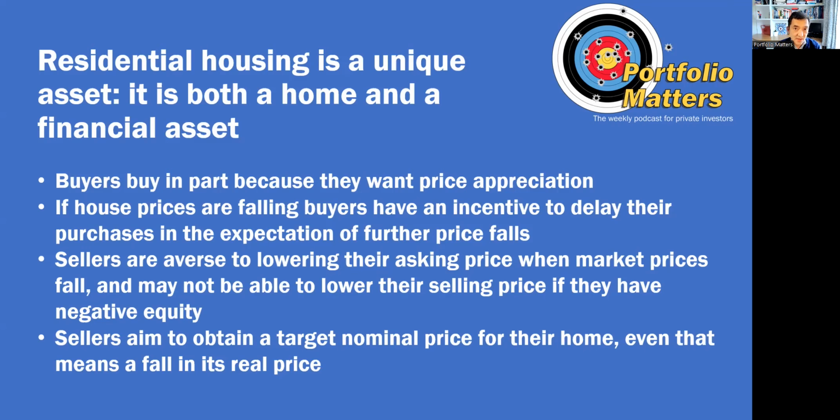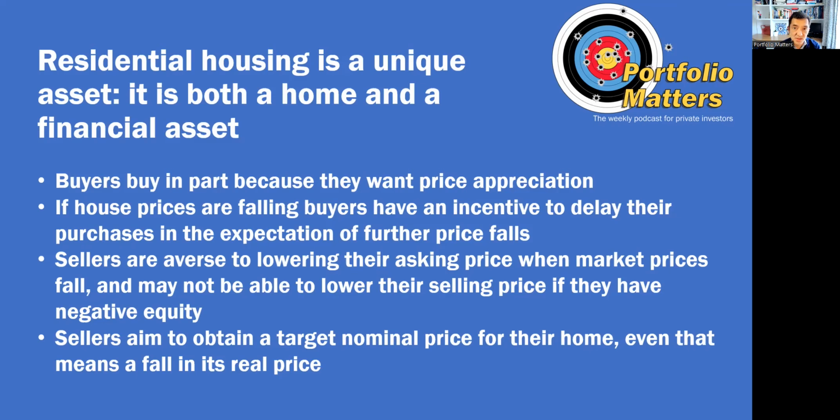Whereas if house prices start to fall or stagnate, then buyers have an incentive to wait in the expectation that prices will fall further and they'll be able to buy a house cheaper in the future. But sellers are averse to lowering their asking price.